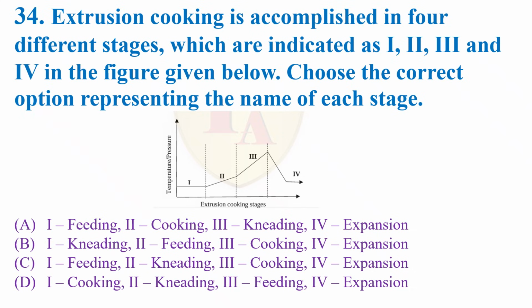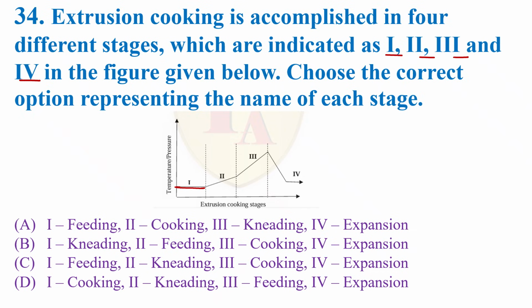Extrusion cooking is accomplished in 4 different stages, which are indicated as 1, 2, 3, 4 in the figure given below, and we have to choose the correct option which represents the name of each stage. So first one, we can see that it is straight. That means it is having low temperature and even low pressure over here. So it's just a beginning.